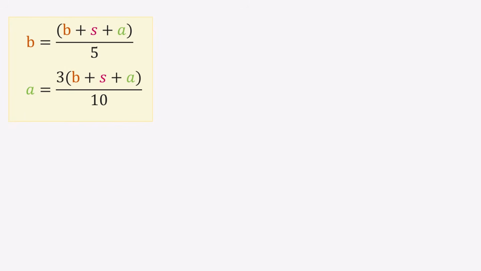At this point, the equations are getting a little messy, so to make things cleaner, let's give the entire horizontal length a new name. Let's put B plus S plus A equal to L. Now everything becomes simpler. The first relation becomes B is equal to L over 5. The second relation becomes A is equal to 3L over 10.